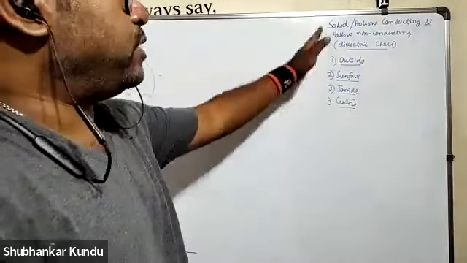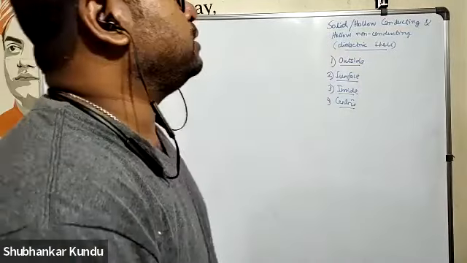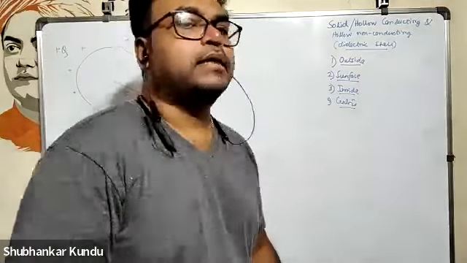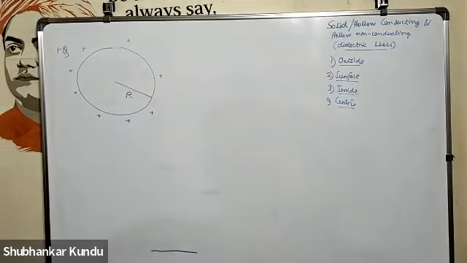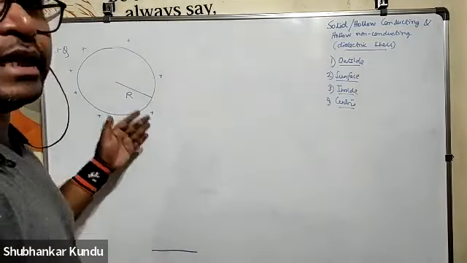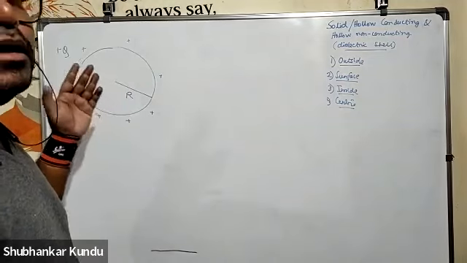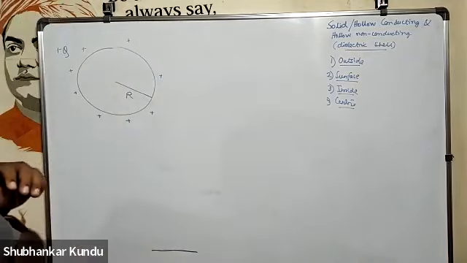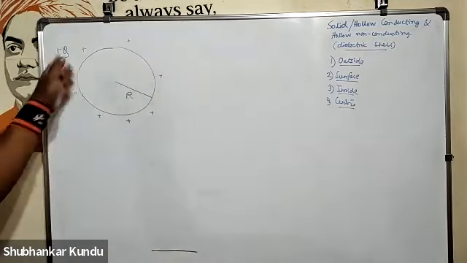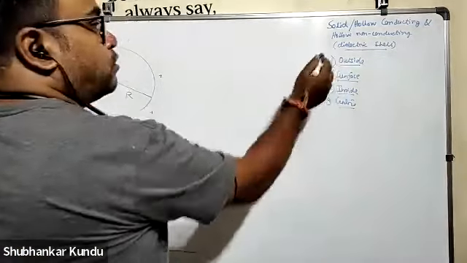So this thing is clear, why you are wrapping up in this way: because solid or hollow conducting and hollow conducting behave the same way. So we take a sphere. What kind of sphere? It can be a solid conducting, a hollow conducting, a hollow non-conducting, whatever. The radius of the sphere is capital R, and we are giving it some charge, positive Q. We're talking about the outside point.